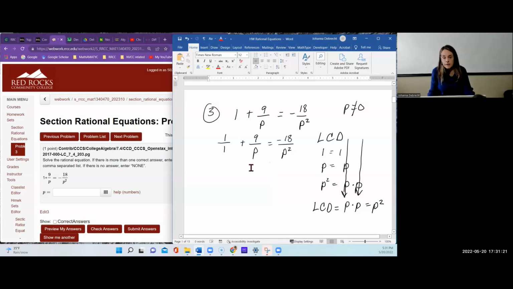Now I'm going to multiply every term by p squared, whether it was originally a fraction or not. If I don't multiply every term by it, I've unbalanced the equation, which we know makes the solutions not work.